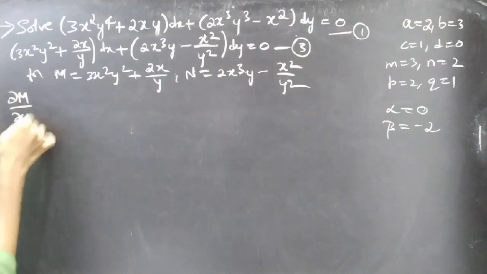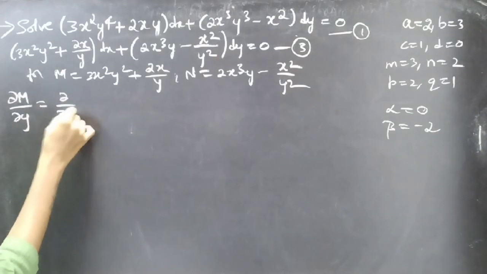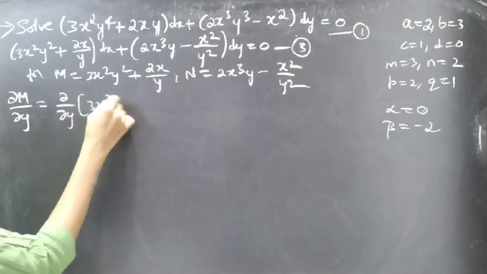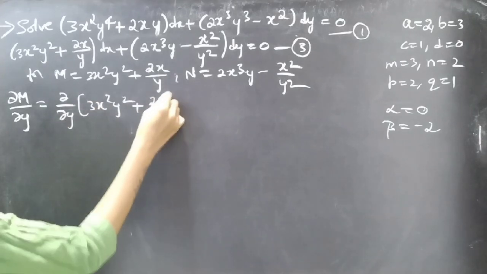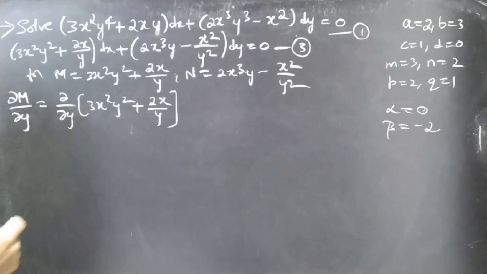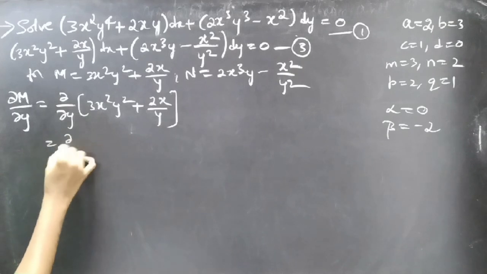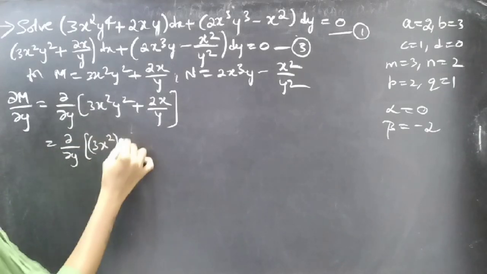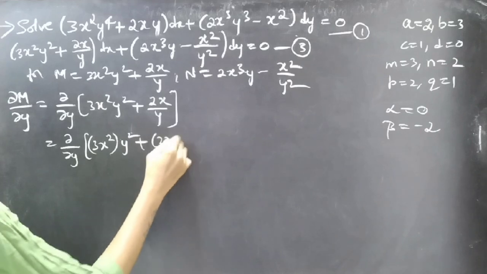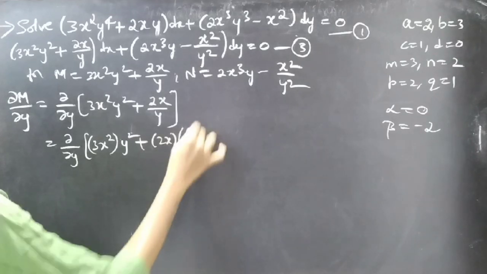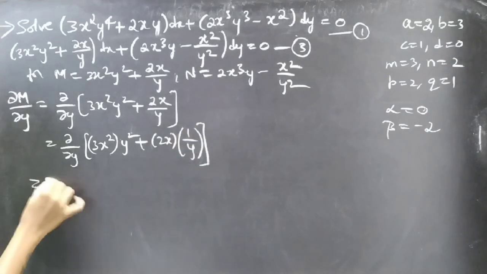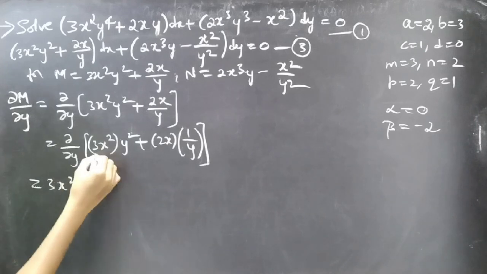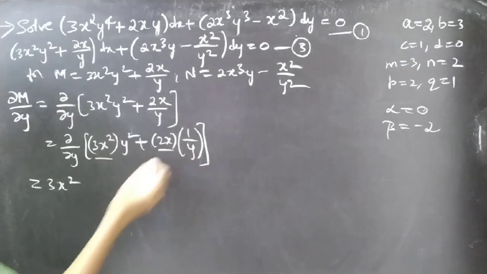Now I'll begin with the partial derivative of m with respect to y. For m equal to 3x square y square plus 2x by y. Since we need to find partial derivative with respect to y, so here x will be treated as constant. For that I'll write m as 3x square into y square plus 2x into 1 by y. Here in the first term 3x square is constant, in the second term 2x is constant.